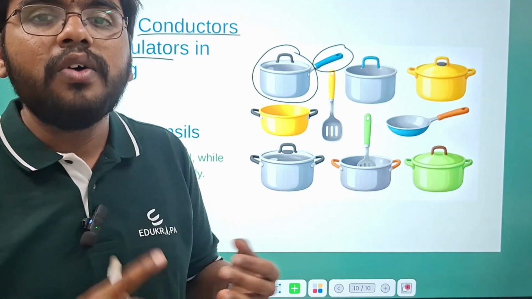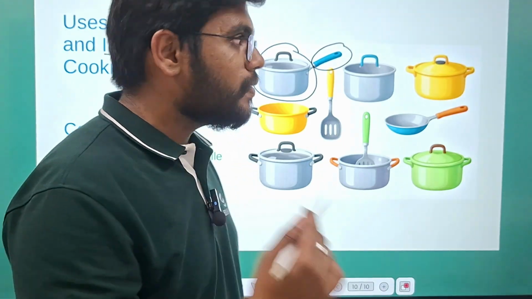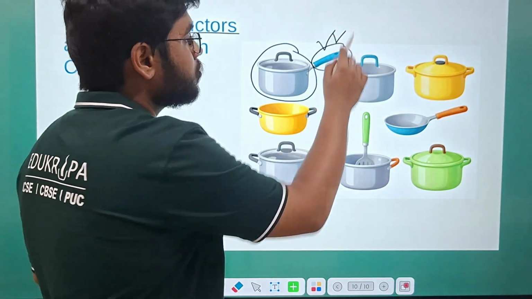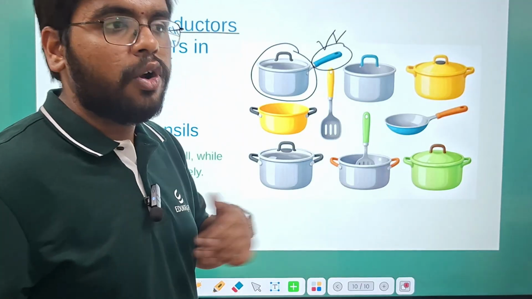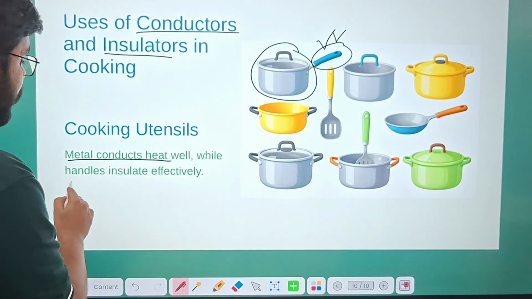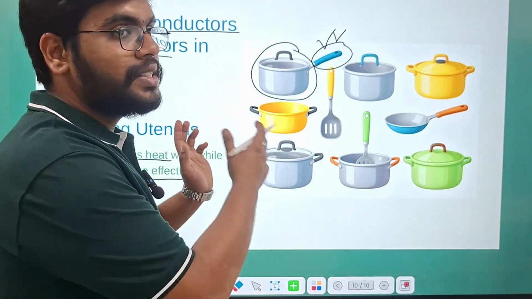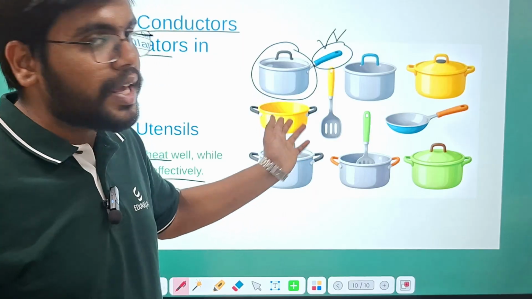It may be fiber or it may be wood. Why is that? We can't hold a heated up object, for example the utensil, so that's why it is coated with an insulator to make it easier for us to hold that utensil. This is how metal is a good conductor and an insulator is a bad conductor, of course. So that's why they coexist in a utensil to make cooking easier.